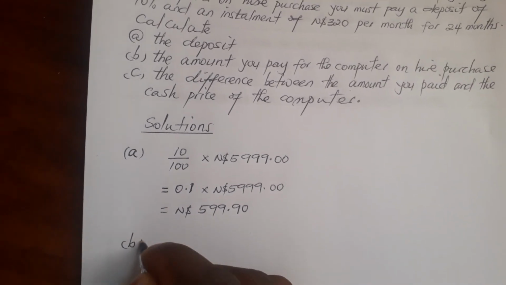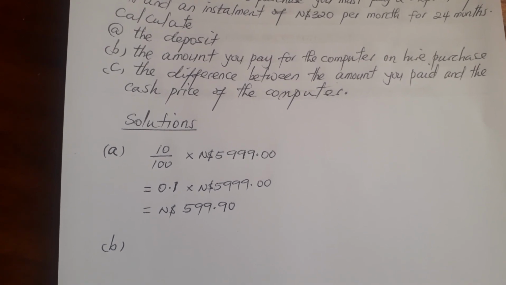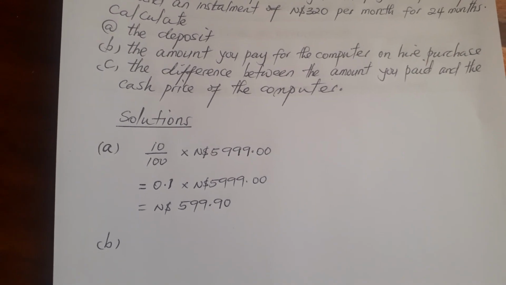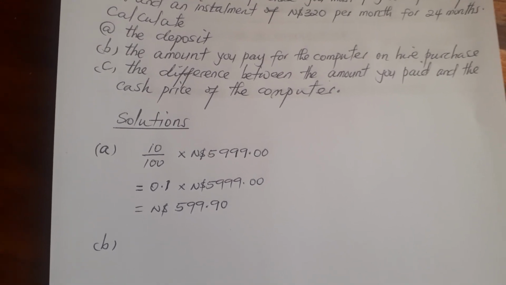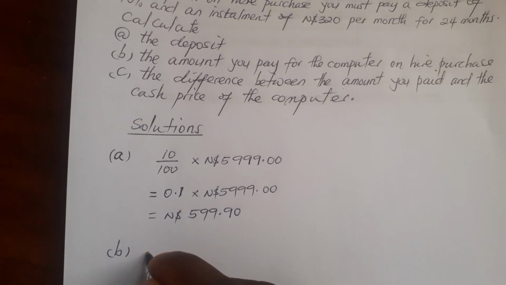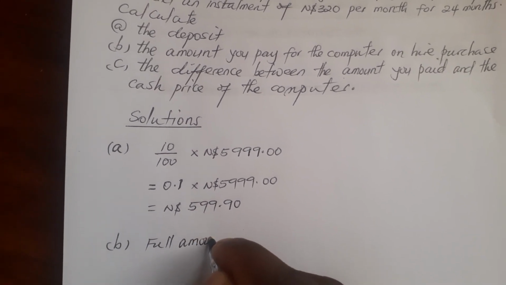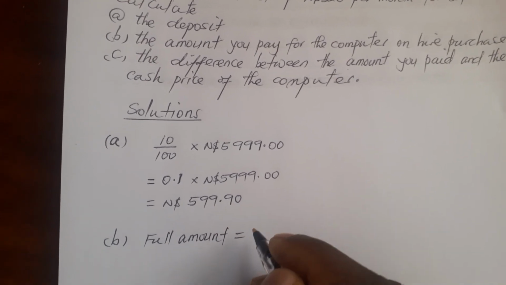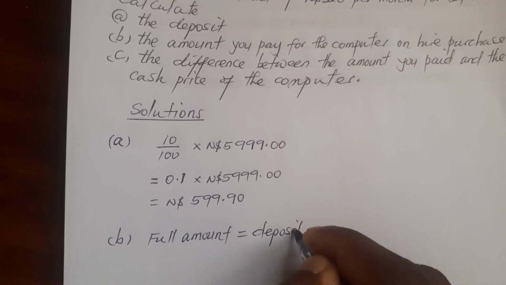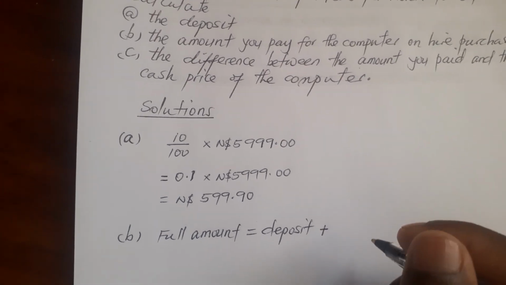Let's look at letter B. Letter B is asking us to calculate the amount that you pay for the computer on hire purchase. It's actually asking how much you will pay after 24 months in total, including the deposit. So we use this formula. We say full amount is equal to, you pay first the deposit, which we have just calculated, and then you add the monthly installment.